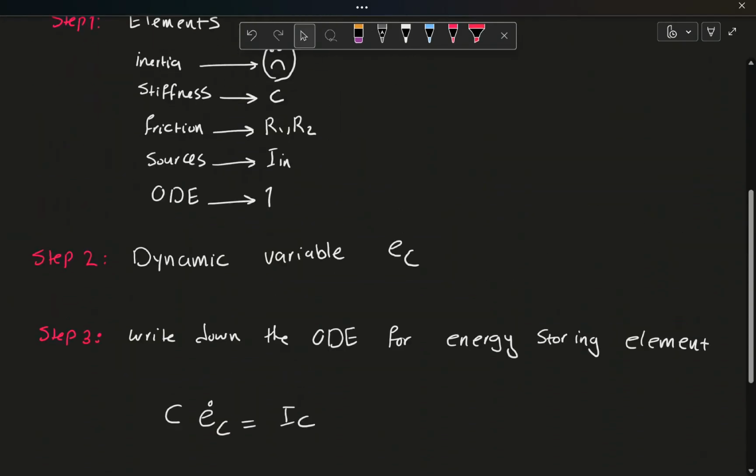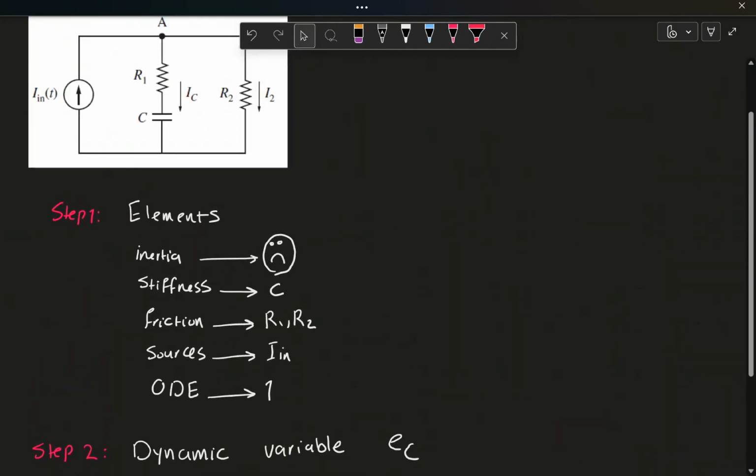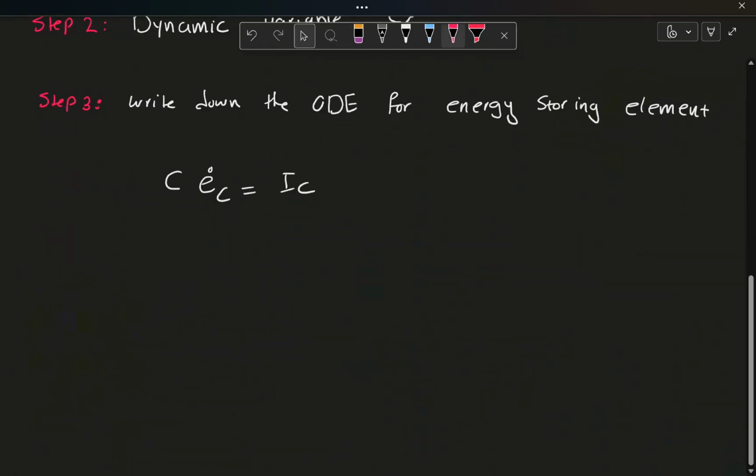Now, looking at this problem, I_C is the current here that passes through the capacitor. At this point, I need to label these terms as good and not good.